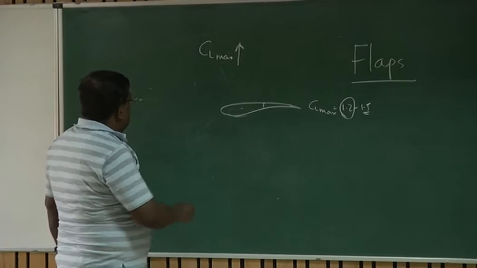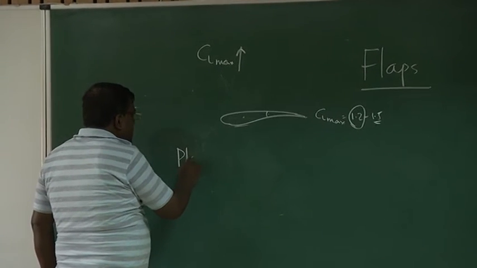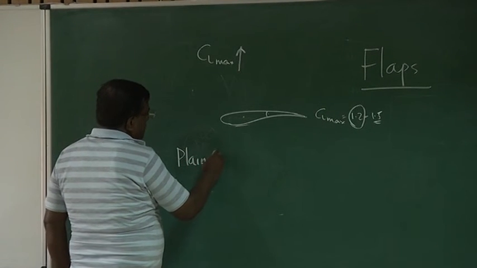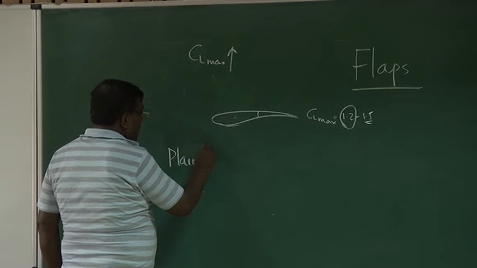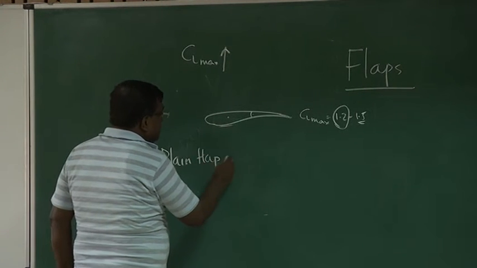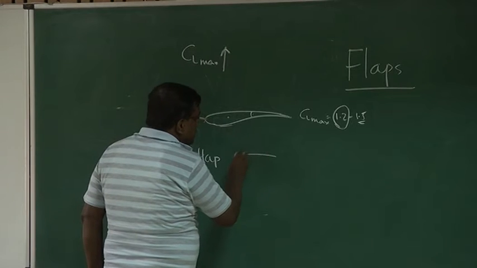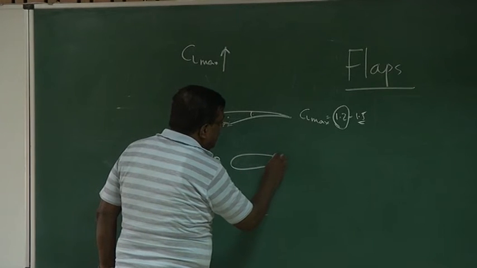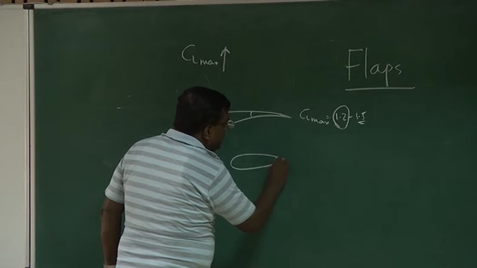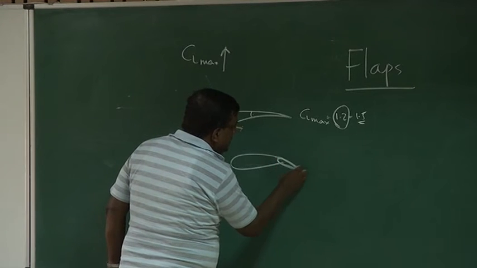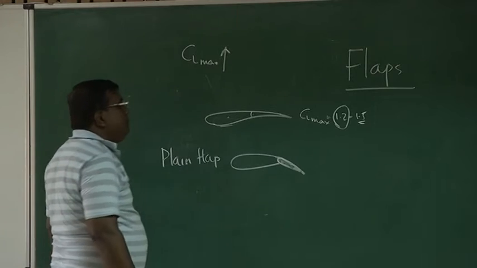Now, there is a flap which is nomenclatured as plain flap, which is nothing but the same aerofoil, and then this portion can go down.